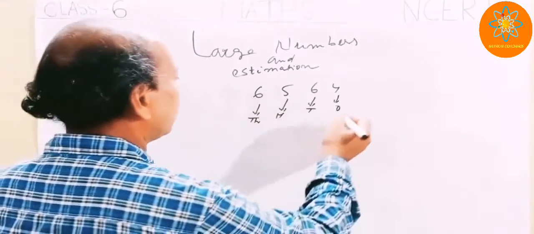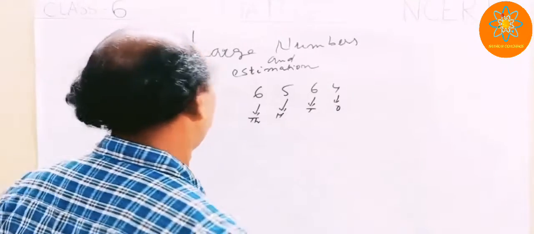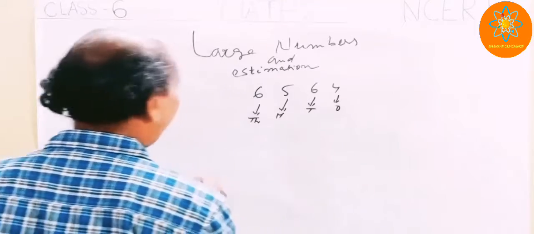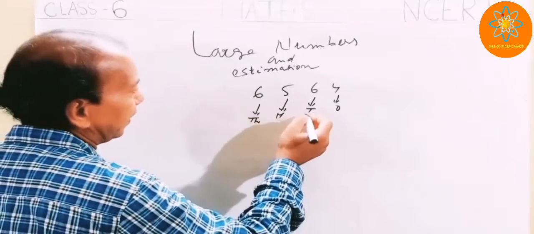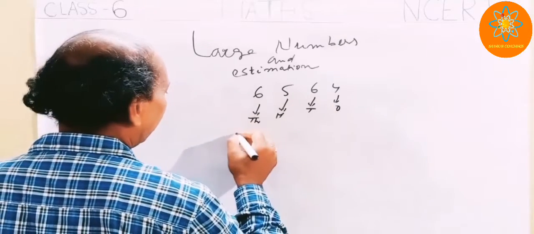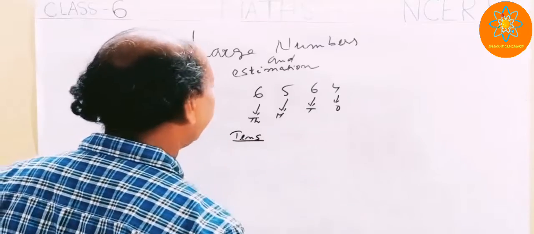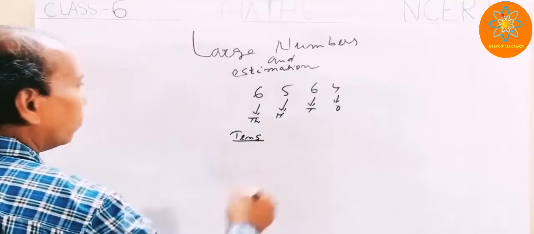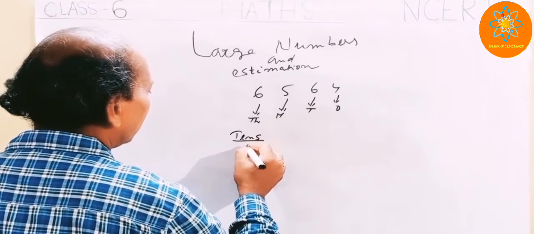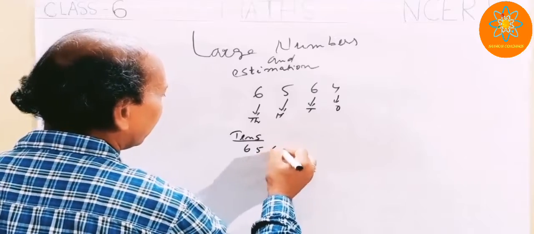So let's suppose I am considering the estimation to the tens. If you consider the tens, in that case the rounding will be 6560.